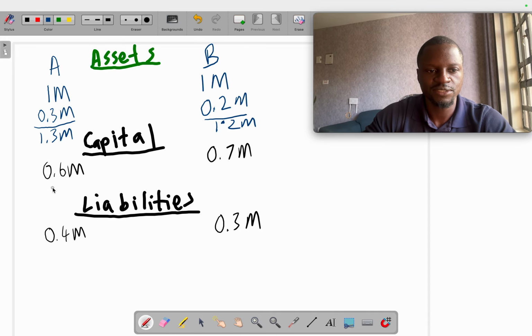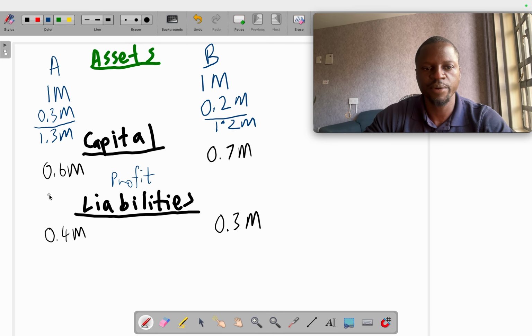So to maintain the balance, that balance is maintained by what you call now profit. So profit comes here in the middle. Basically the question I'm answering as I put profit here is what made business A increase the assets by 0.3 million, yet the business owners didn't go back to their pocket, nor did they go for more loan.